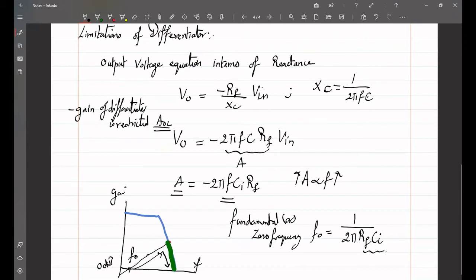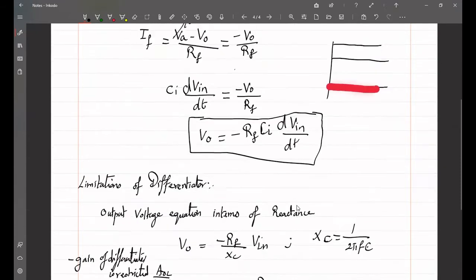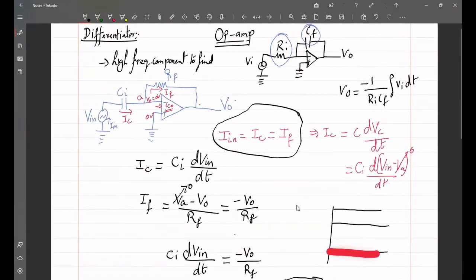Let's see the input impedance of this circuit: the input impedance will be the capacitance only. So the input impedance can be represented by Xc only, where Xc is equal to 1 by 2πfC.